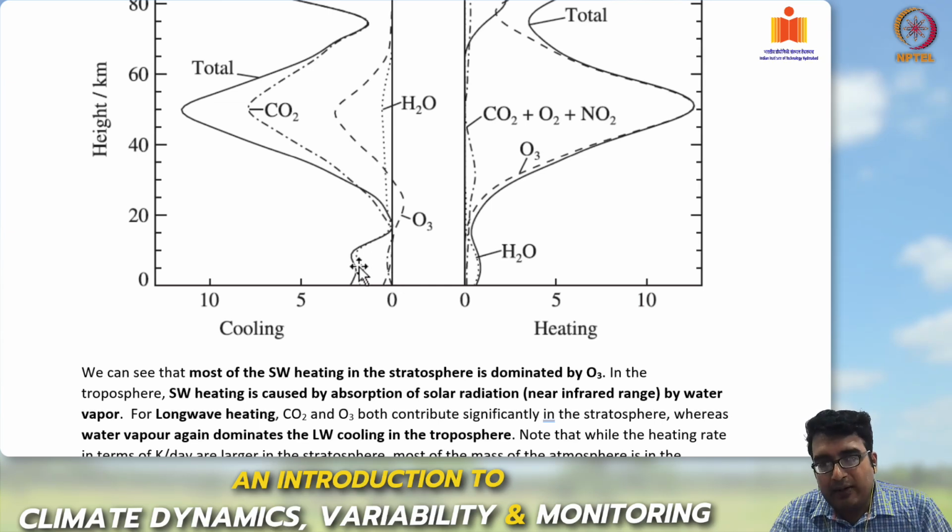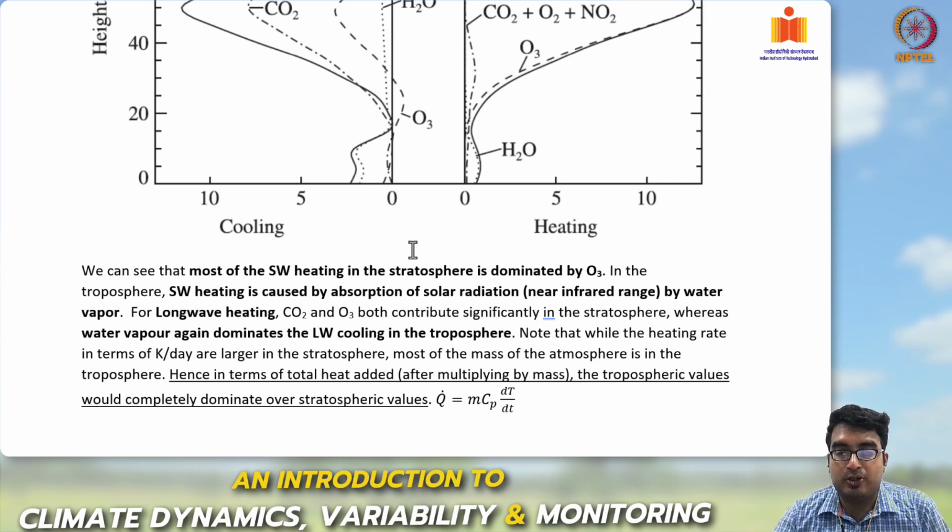So water vapor, then CO2. In the stratosphere, CO2 is the primary contributor to cooling, followed by ozone and then water vapor. So CO2 dominates the longwave cooling in the stratosphere, while water vapor again dominates the longwave cooling in the troposphere, followed by CO2 as the second important contributor.